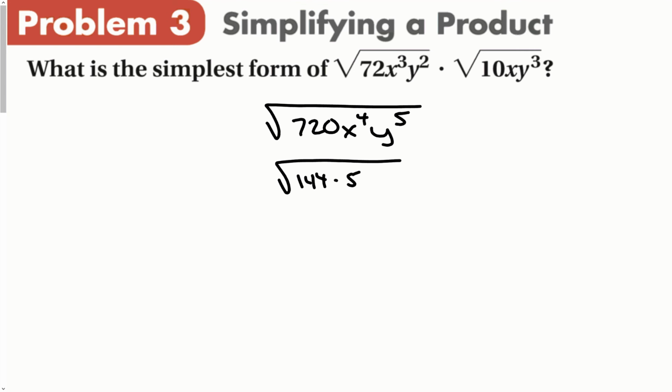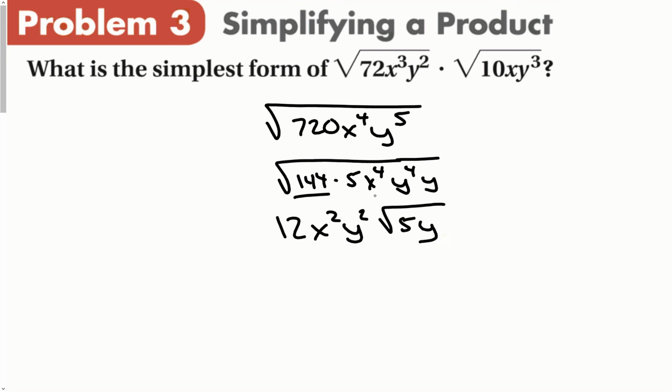Okay, so that is 12 times 12 times 5. So 12 is my perfect square. I'm going to leave x to the fourth, and I'm going to take y and split it into 2, and then I finally get 12 x squared y squared square root of 5y. The 5 stays behind.